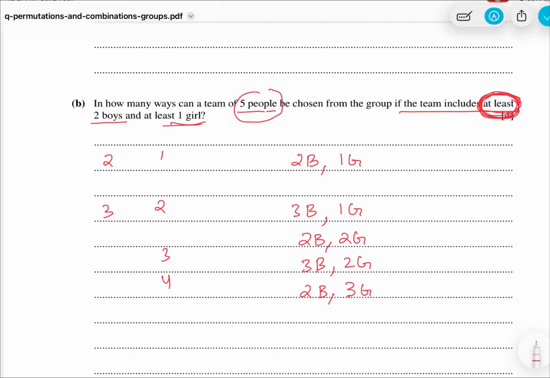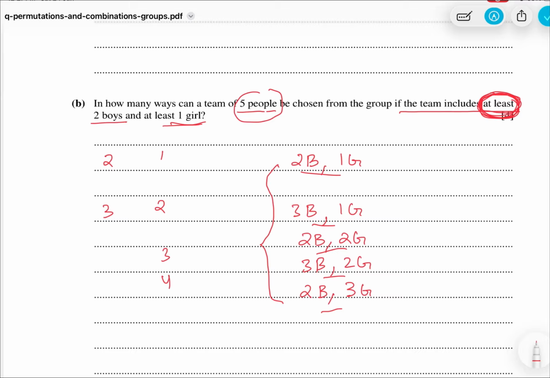Any other combination that you could make out of 5? Because at least 2 boys should be there, and at least one girl should be there. Okay? So these are the combinations. The only reason you get your marks deducted over here is you neglect any one of these.